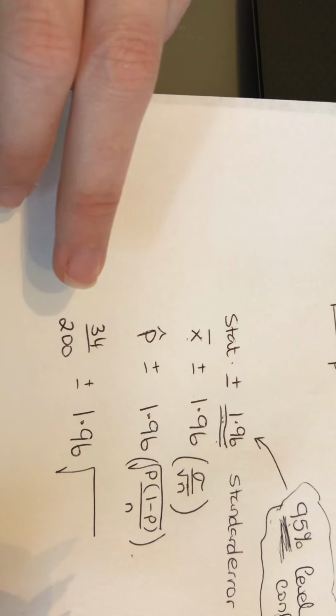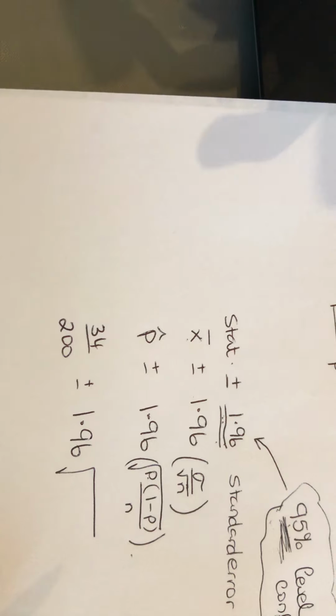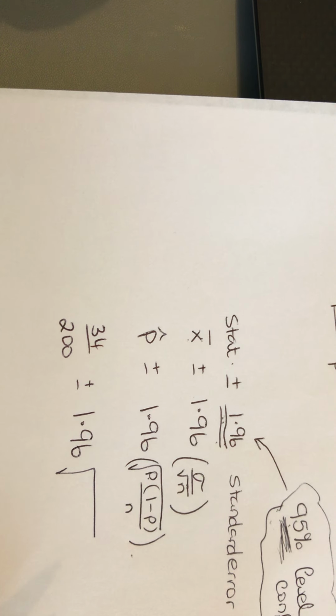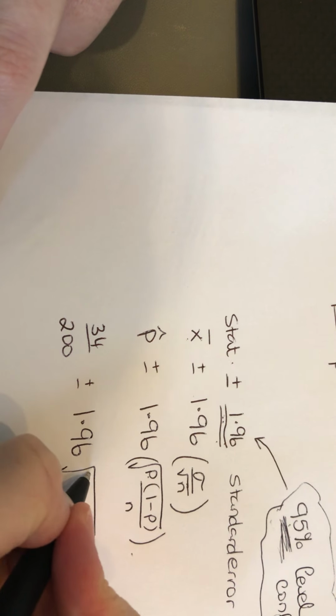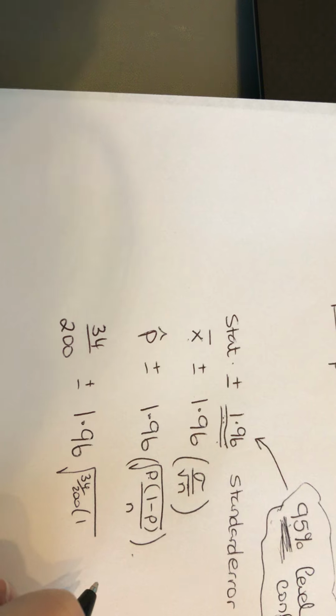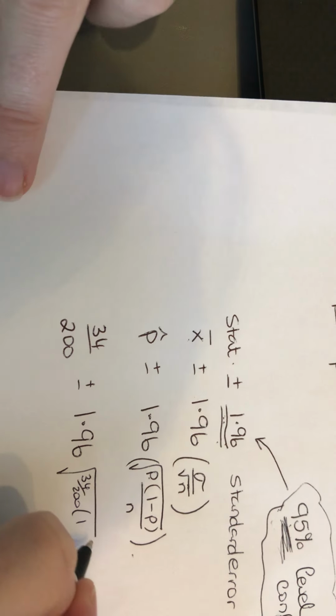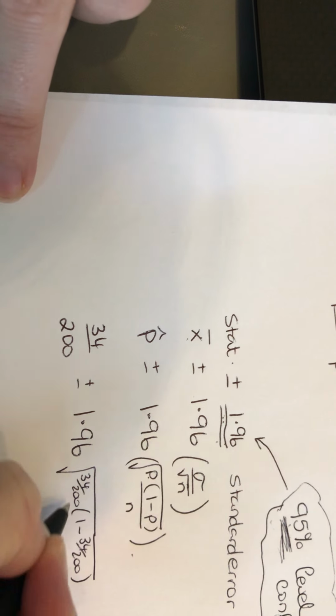And then we don't have P in this situation. We don't have the answer to that. If we did, we wouldn't be doing this. So I'm going to have to use p hat. It's not perfect maths that we're doing here. We're doing our best, working with a sample, trying to figure out what is going on.